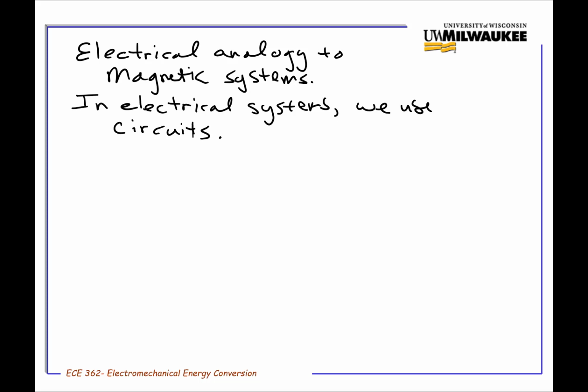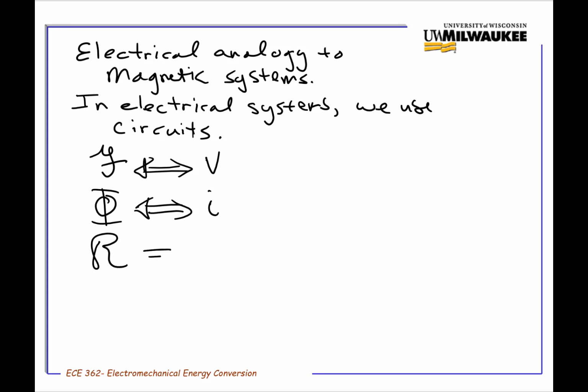And so we can basically say that the F is analogous to a voltage in the electrical world. We can say that the flux is analogous to current in the electrical world, and the reluctance is analogous to resistance in the electrical world.